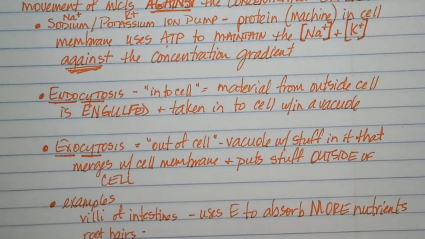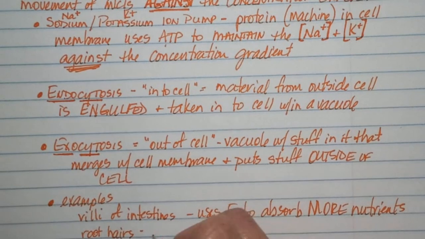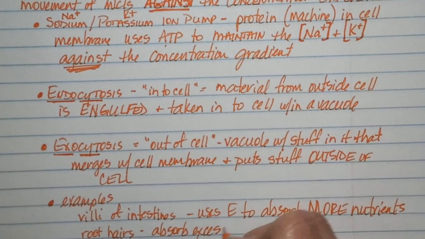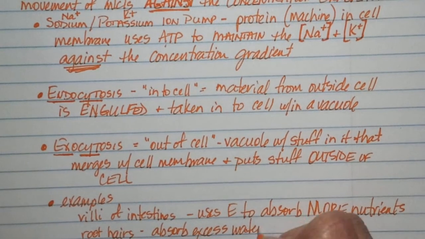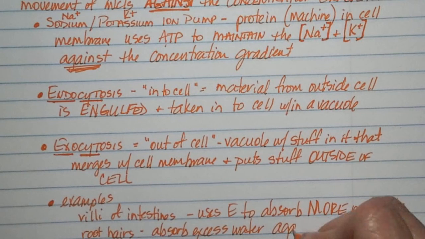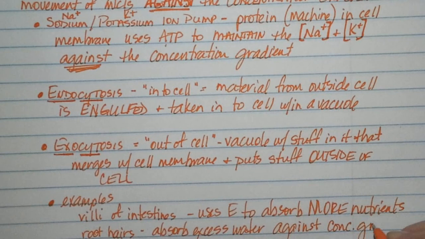So they'll absorb excess water into the plant against the concentration gradient. That's active transport. When you go against the concentration gradient, you have to use energy. That's active transport.